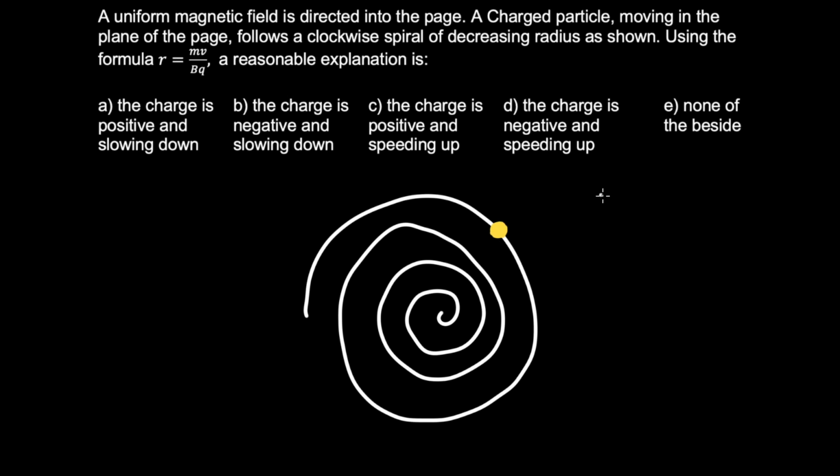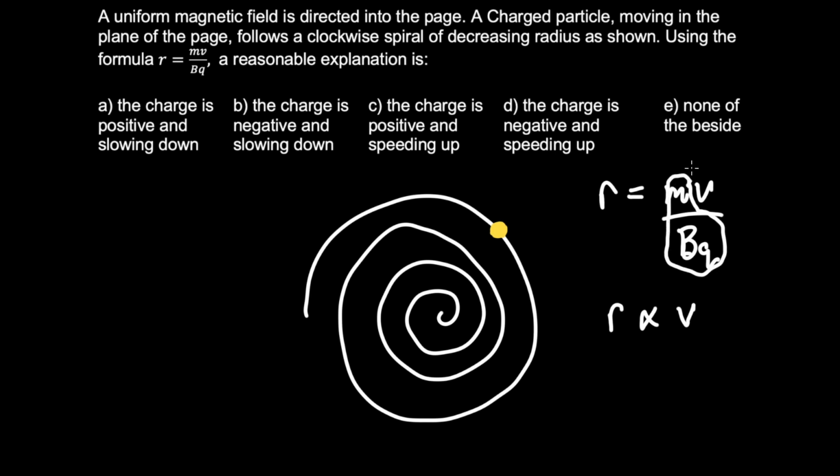If we have the formula, R is equal to mv over Bq, we know that m isn't changing, B isn't changing, and q isn't changing. The only thing that's possibly changing is r and v from the question. So what we can really say is that r is directly proportional to v. And that's because these three variables aren't going to change.